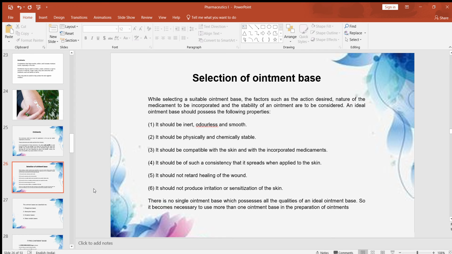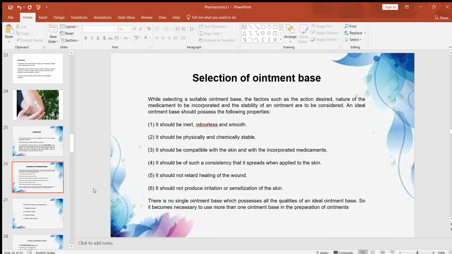These are the ideal properties. Now we have four types of ointment bases: oleaginous, absorption, emulsion and water soluble bases. Four broad classes of ointment bases are there, and under them there are examples. Like for the hydrocarbon base, the examples are soft paraffin, liquid paraffin, hard paraffin. All the paraffins are there under this type, that is oleaginous.